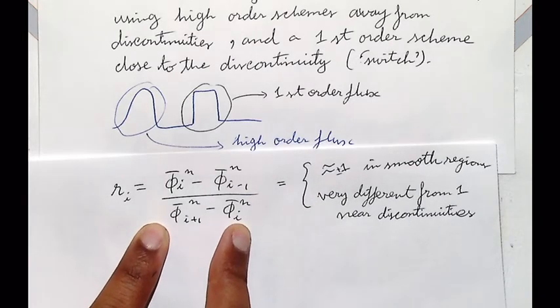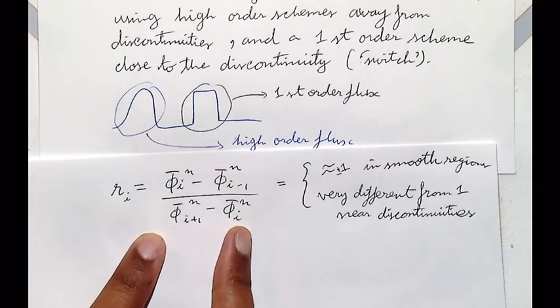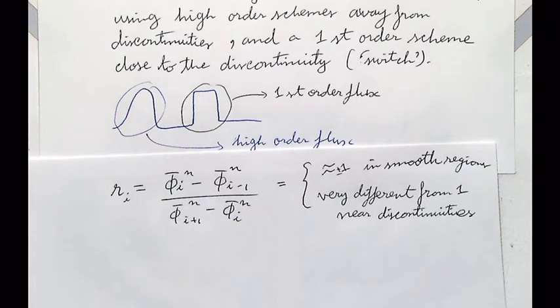So on the right side we can say, okay, absolute value of Ri, if it's very much larger than 1, that's definitely a problem. Not just larger than 1. If it's between 0 and 1 or 0 and -1, that's also a problem.